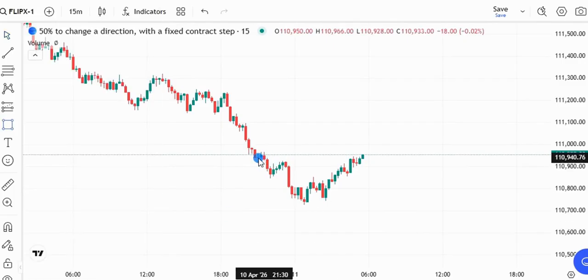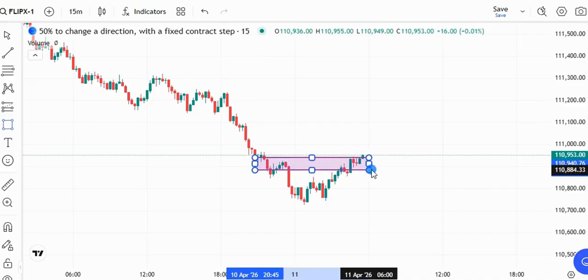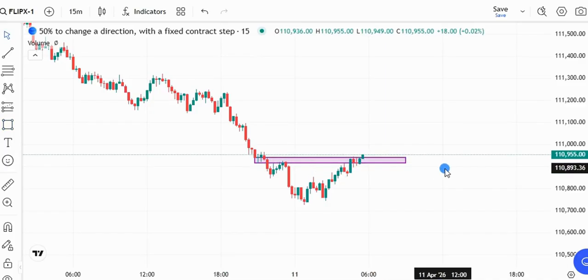There seems to be a minor high around this level, and it's already breaking it. So for now, no bearish trade on Flip X1. Let's wait and see what happens as the day goes by.